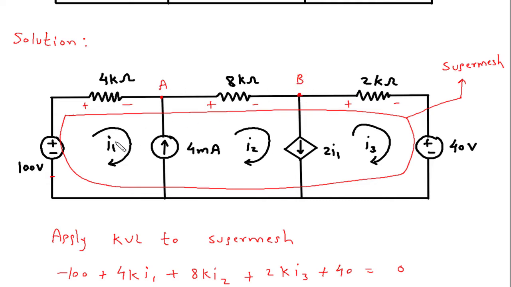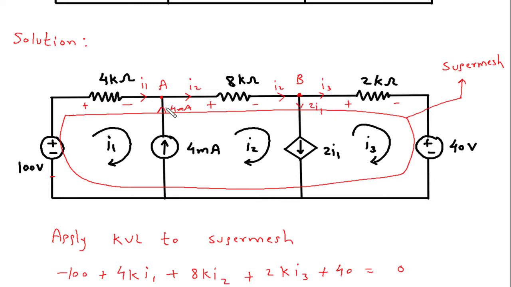Now as we can see that this current is I1 and this current is I2 and this current is 4 milliampere. Here this current is I2, this current is I3 and this current is 2I1.